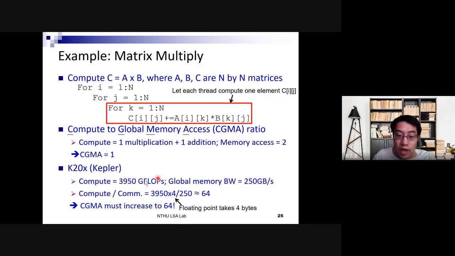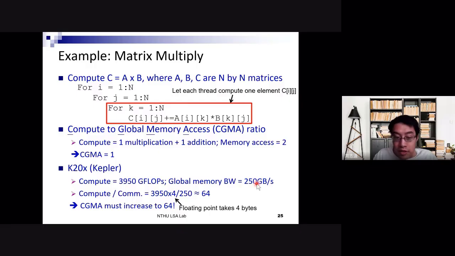And also, every single floating point operation actually requires 4 bytes of data minimum, right? So that means the amount of data consumed by your computing core should be 4 teraflops multiplied by 4, and then divided by the bandwidth of your memory access.